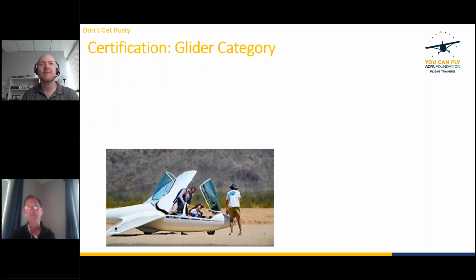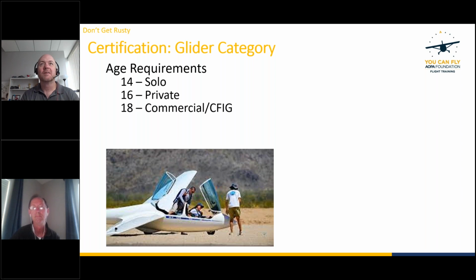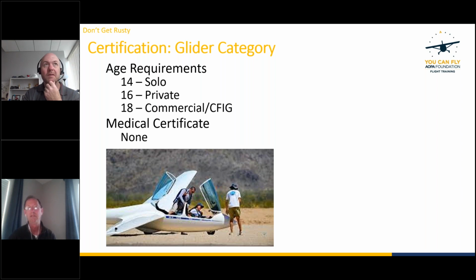So, glider certification. You can solo a glider at 14, private at 16, commercial CFI at 18. There is no medical certificate required to fly a glider, which is not to say that you still don't have to conform to 91.53, which is if there's any reason you shouldn't be flying it, you shouldn't be flying it. But you don't need a medical certificate to fly a glider.